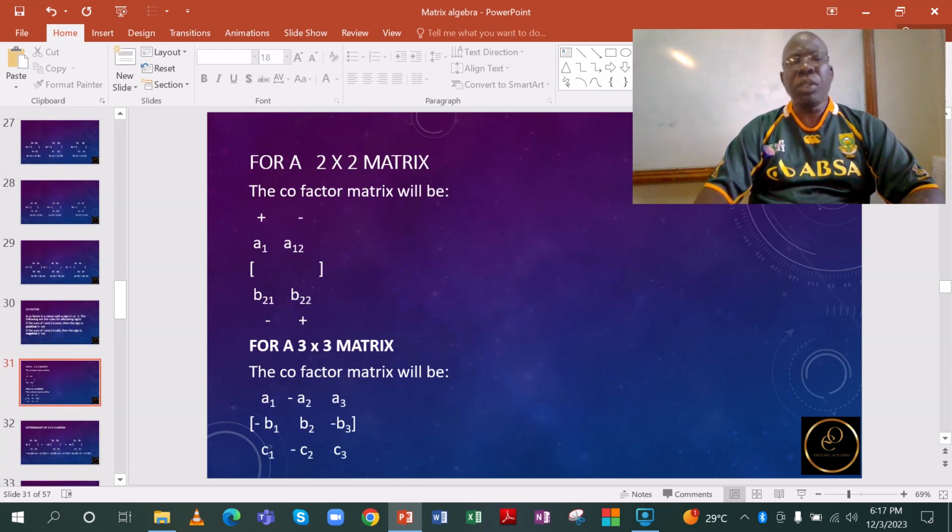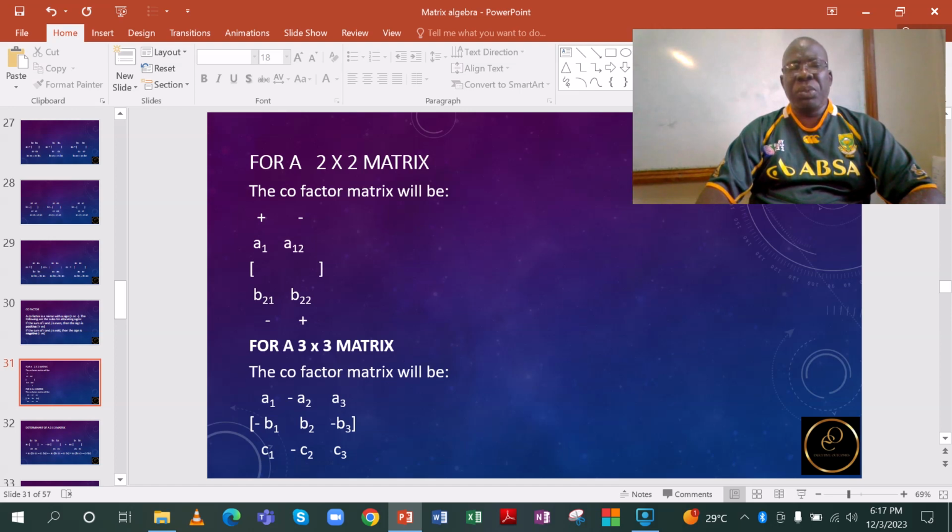For instance, for a 2 by 2 matrix, the cofactor matrix will be here: A1, because it is in row 1 and column 1, means i is 1, j is 1, 1 plus 1 is 2, it's an even number, so you assign a positive sign.